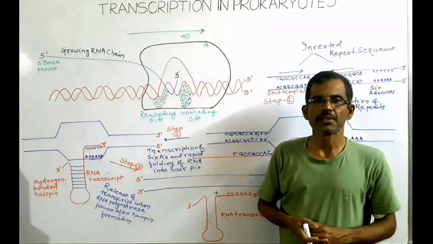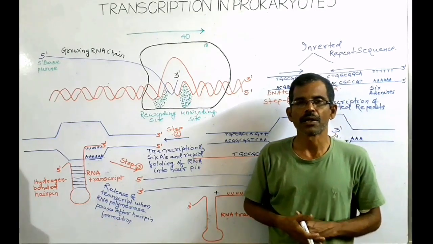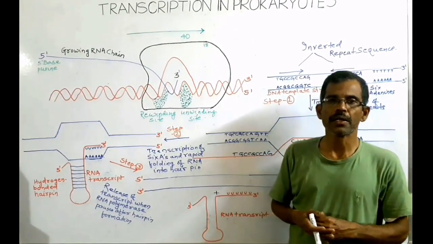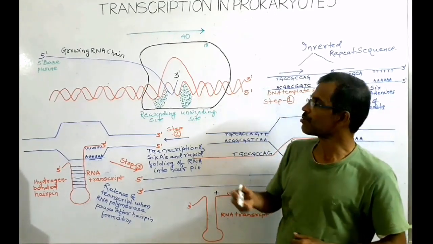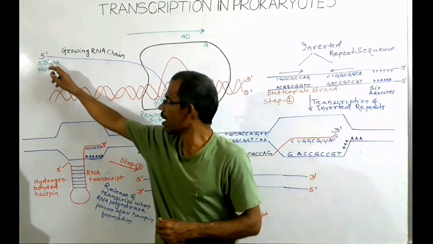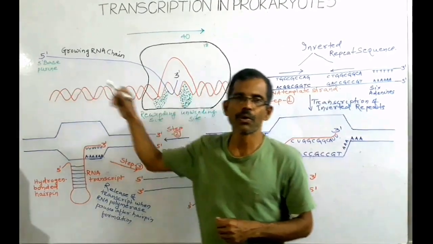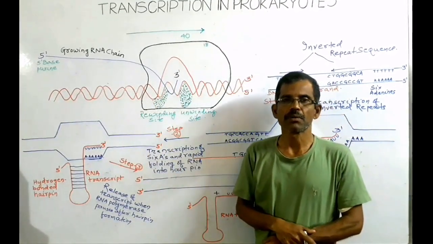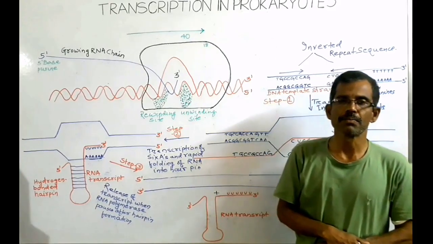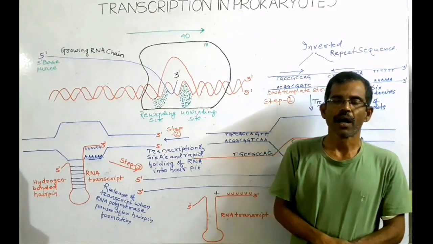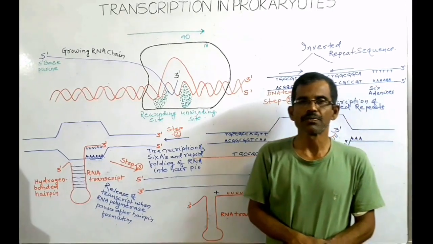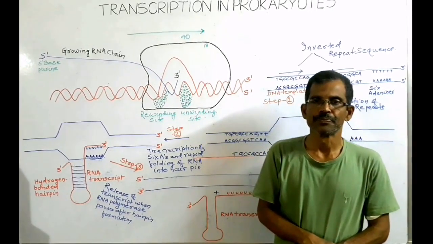After initiation, the next stage is elongation. In E. coli, in 90% of the cases, the 5' nitrogenous base of the growing RNA chain is a purine. The process of elongation is catalyzed by RNA polymerase core enzyme after dissociation of the sigma factor.